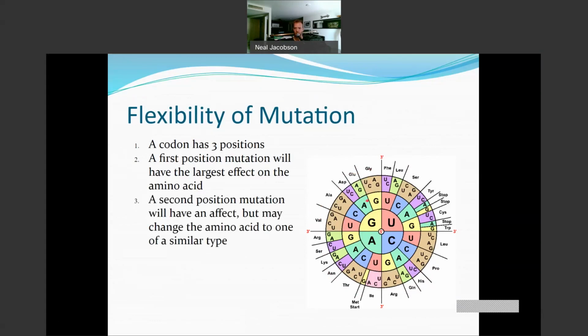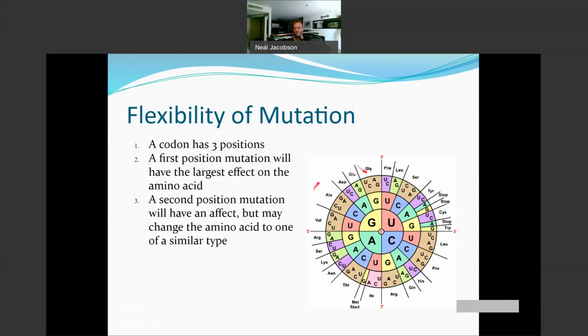Now, the second position, there may be some redundancy in the second position. So if, let's say, we have a G in our first position and then a C in our second position, I can only make alanine. Now, if I have a G in the first position and a C in the second position, and that C changes to an A, well, then I can only make aspartic acid and glutamine.